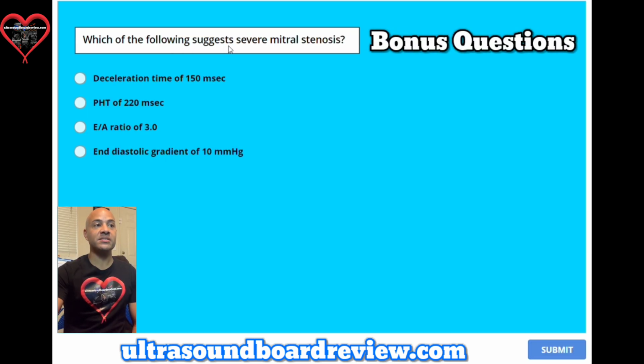Which of the following suggests severe mitral stenosis? A, deceleration time of 150 milliseconds. B, pressure half time of 220 milliseconds. C, E/A ratio of 3. Or D, end diastolic gradient of 10 millimeters of mercury.